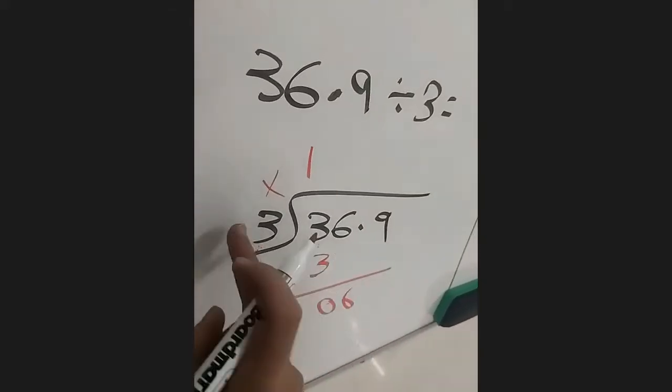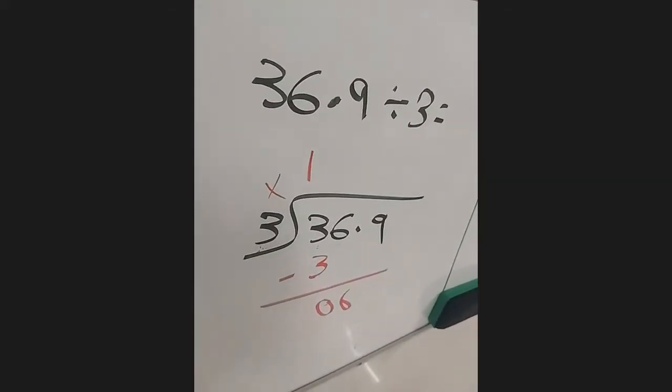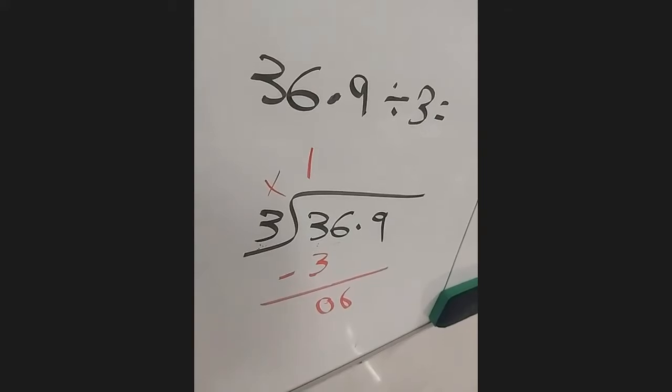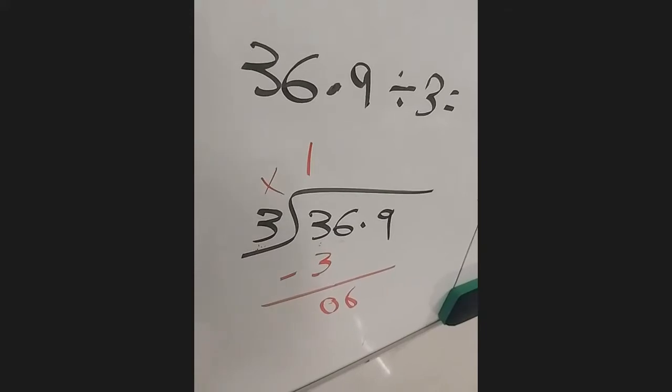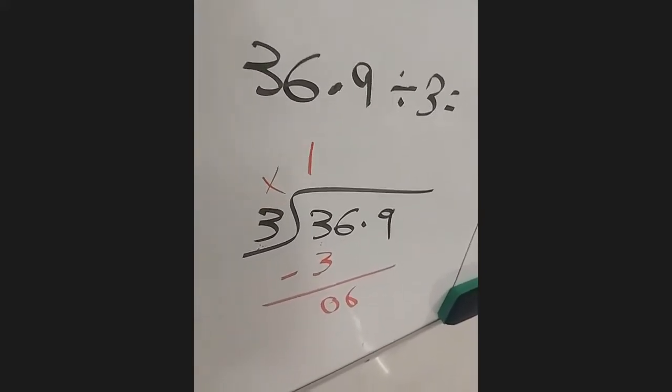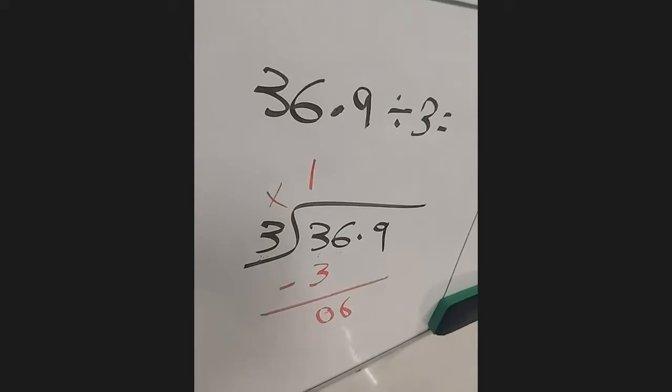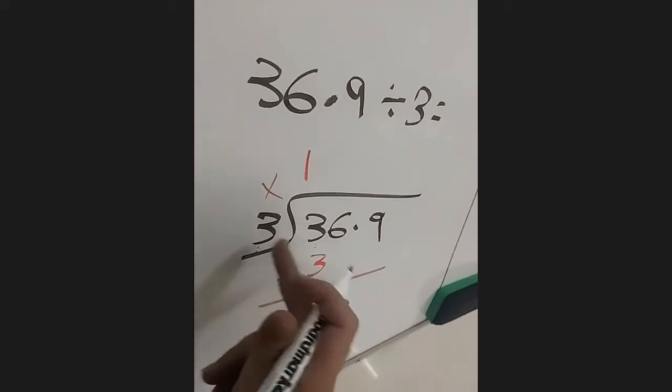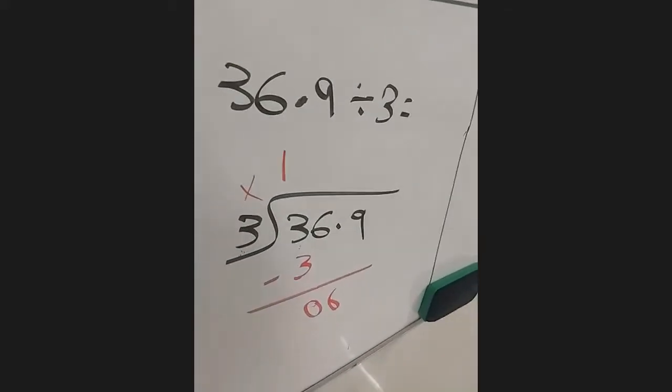6 divided by 3, how much? We are not multiplying, okay? We are dividing. 6 divided by 3, 2. We put 2 up, sorry. Now 2 multiplied by 3, how much? 6.